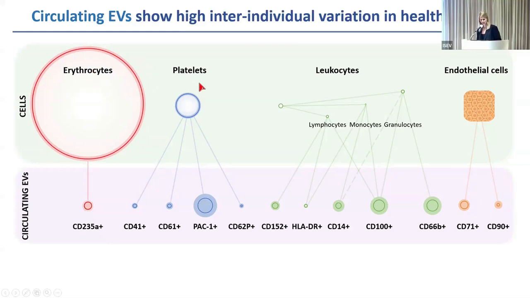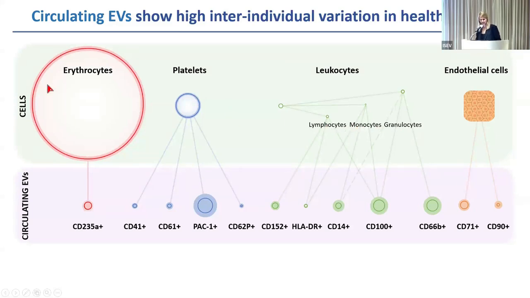The platelets were 22 times lower in concentration, while the leukocytes were about 790 times lower in concentration compared to erythrocytes. Of course, there's a lot of complexity with leukocytes, but we try to at least focus on some markers for lymphocytes, monocytes, and granulocytes.